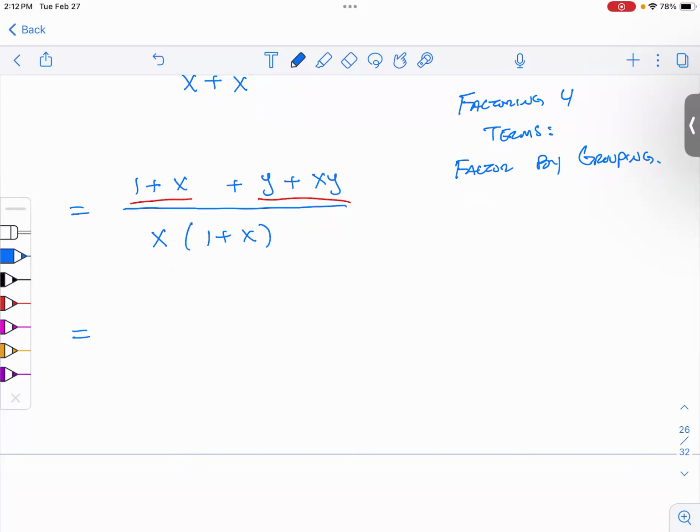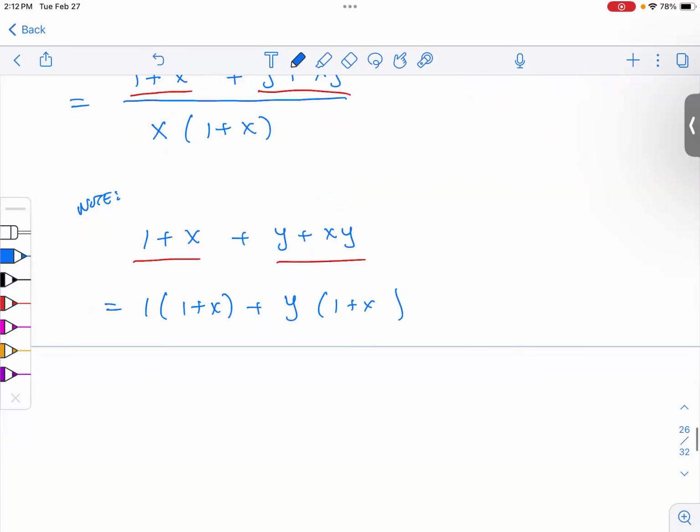Of the first two terms, I pull out the common value, in this case a 1. Then on the second two terms, what can I pull out? A y. What remains? 1 plus x.